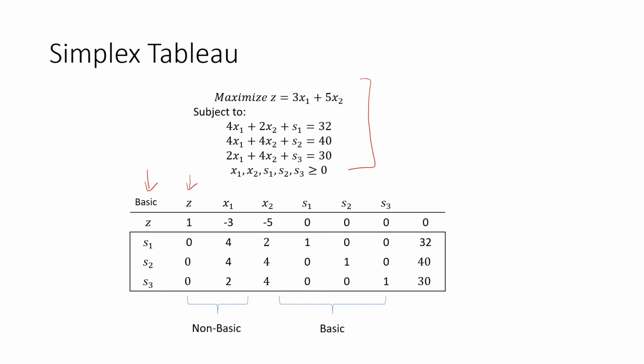We don't count z as being one of our variables that we can change. Okay, when we count the number of variables we have, we count the starting variables and the slack variables. We add a column for each of our variables. In this case, the 2 variables we started with, the 3 slack variables. And then there is a solution column at the end.